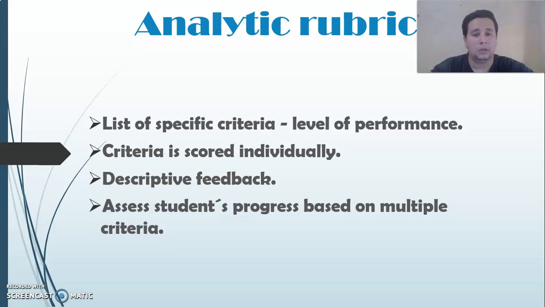The content is the criteria, with its corresponding level of performance. For example, we can consider a poor level, a moderate level, or an excellent level of performance. Also, in an analytic rubric, the criteria are scored individually. We can assign an individual score for each criterion.